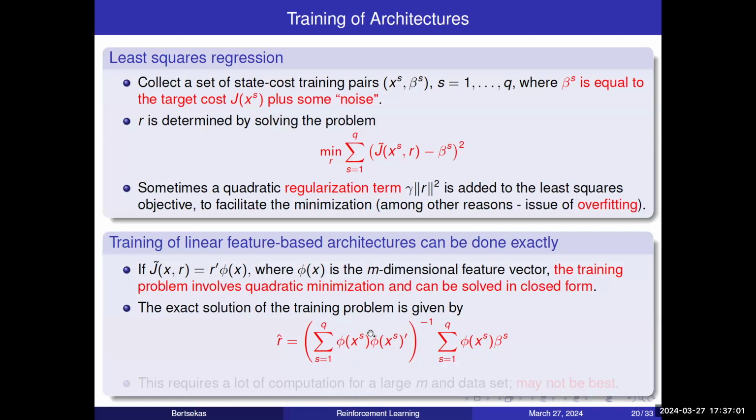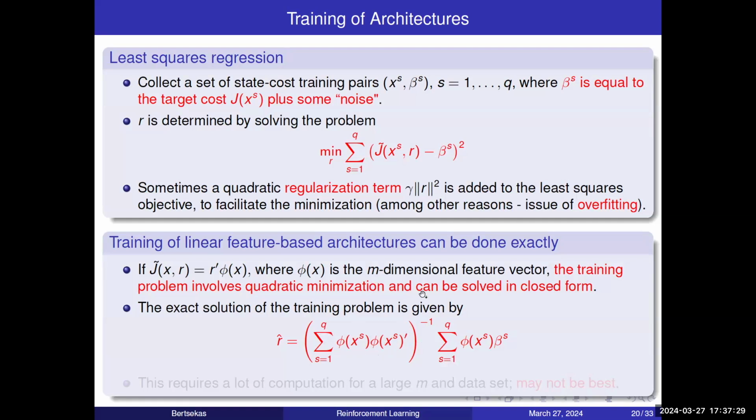You compute this matrix, you add q different matrices together, and you compute the inverse of it. Any one of those operations, especially the inverse, can be quite challenging if m and q are large, and numerical issues can arise if this matrix is near singular.